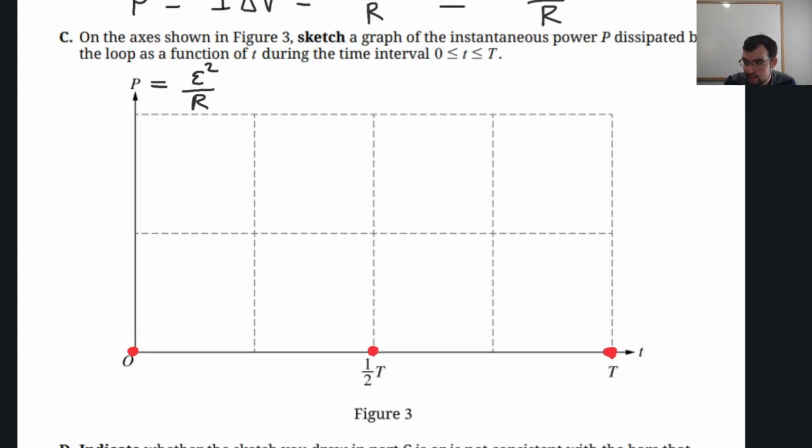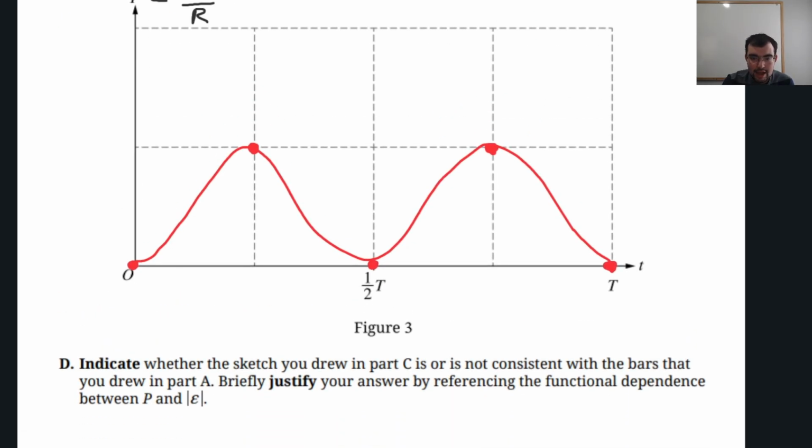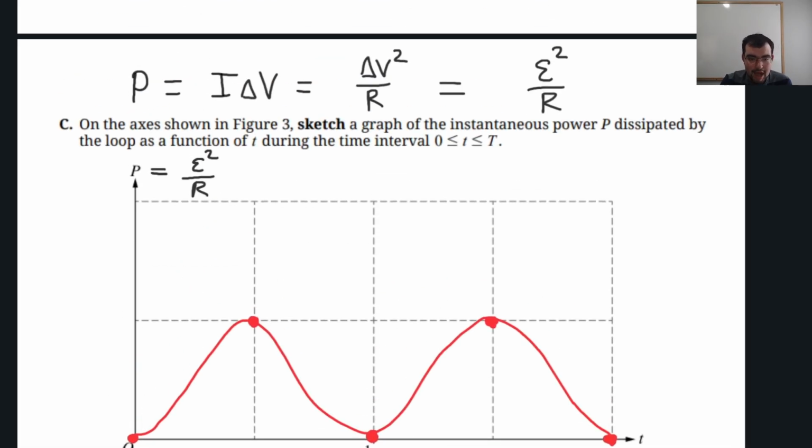So then we see that it will be maximized every quarter cycle between those. And notice it's always positive because power is a positive quantity. So we just get our remarkably not terrible sine curve between the 2 points. I could try to redraw this, but I'll probably do worse. So this is what our power looks like.